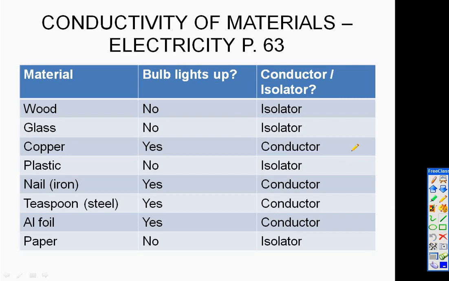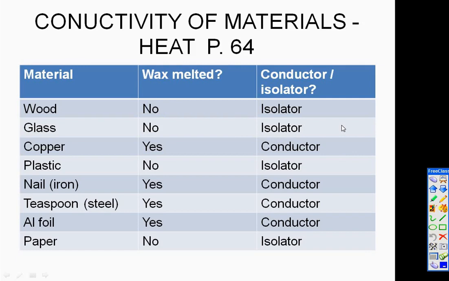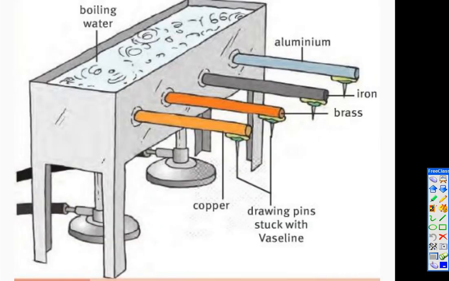We went to another experiment, and this experiment was about heat. We took materials once again, and we put some wax on the one side and we heated the material on the other side. The only way the heat could come to the wax is through the material.